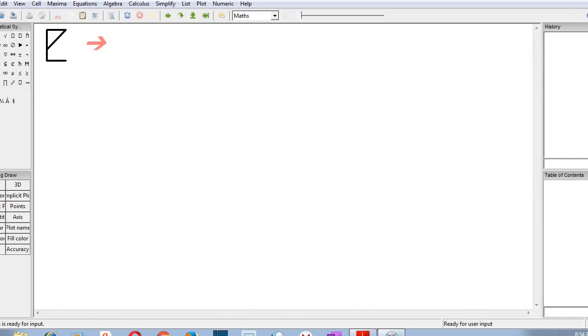Yes, first I have to write kill(all), put it in brackets, and then the dollar symbol. Now I have to enter the values of the given data. I can write the h value here.